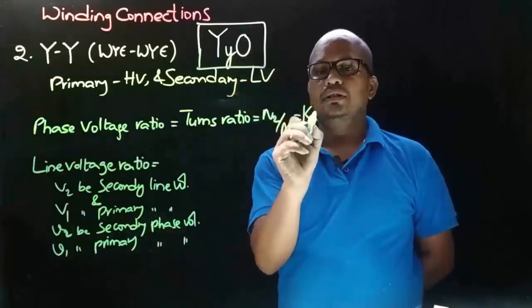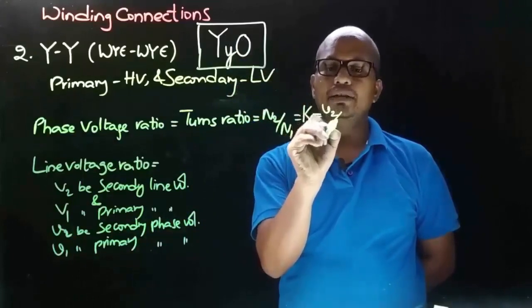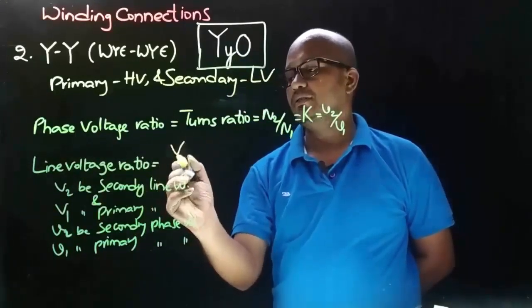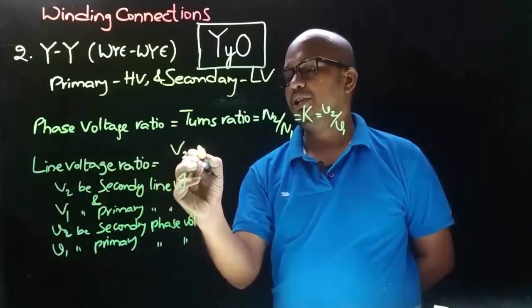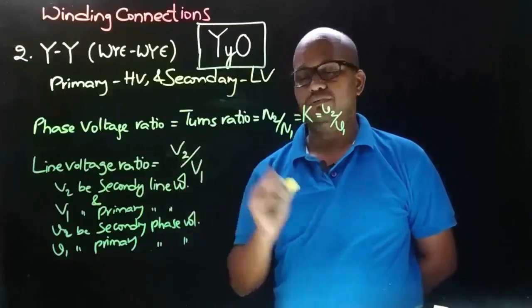So here turns ratio K can be taken as equal to small v2 by small v1. So line voltage ratio is given by the secondary side line voltage V2 by primary side line voltage V1.